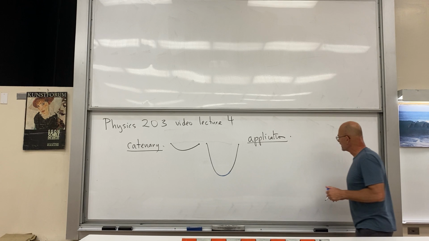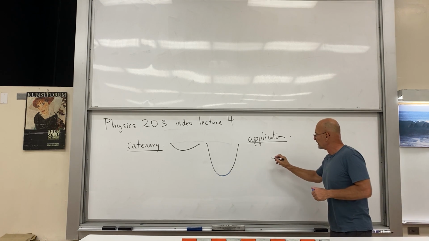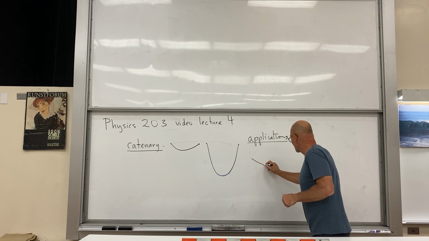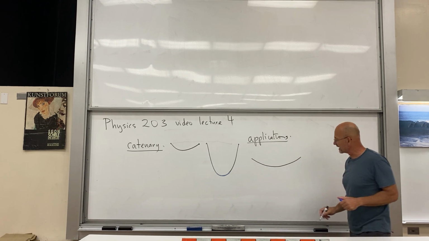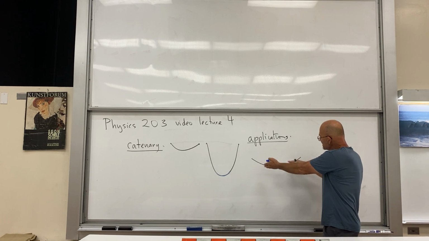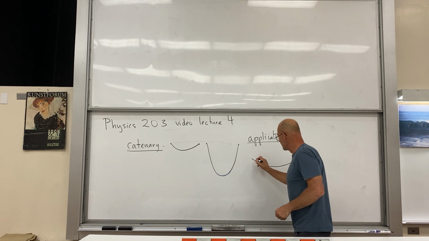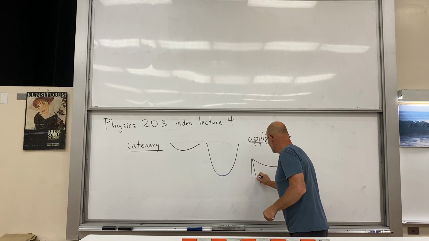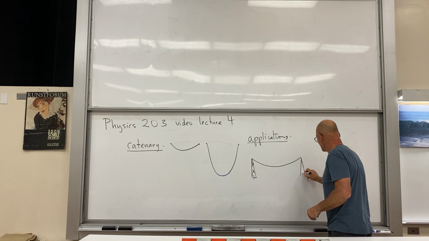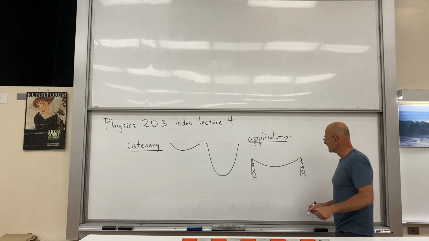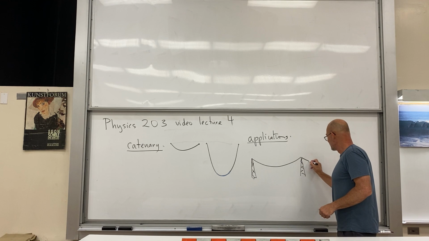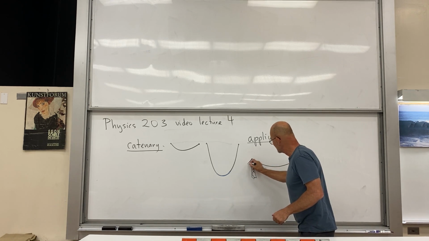The first one is kind of fun. If you, say you suspend a chain like this, you get that nice smooth curve, and then you can actually trace it out and get the perfect curve, and then draw a couple of towers here, and then you realize that you're going to have to anchor this on this side.